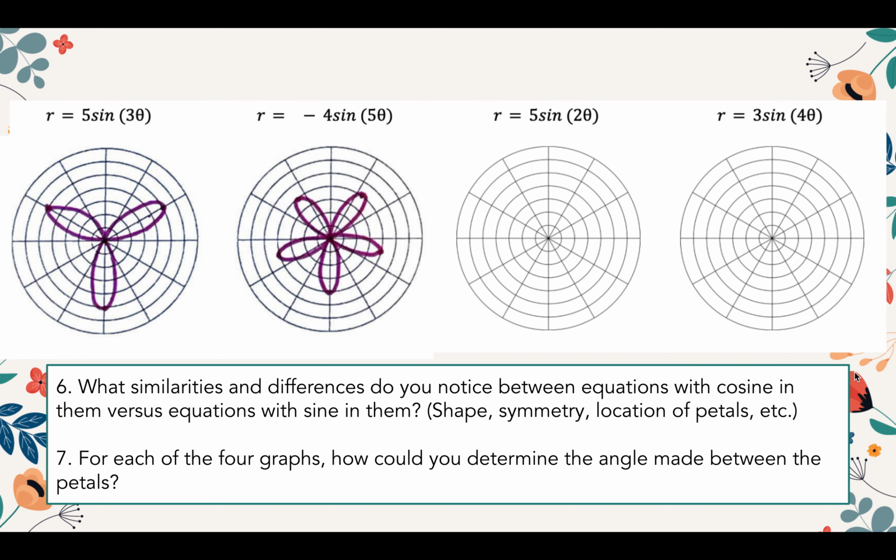I want you to try to figure out what similarities and differences you notice between the equations with cosine versus the equations with sine. So we did cosine first in question number 2, and then we did sine in question number 5, which are the 4 on the screen. See what you come up with, and then try to answer question number 7, and we're going to summarize in our quick notes on the next page.